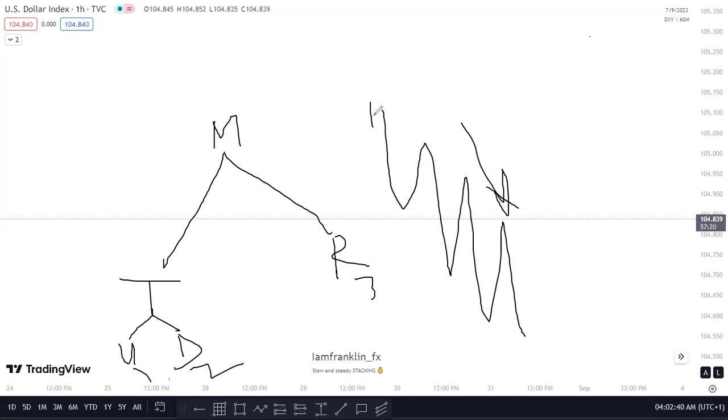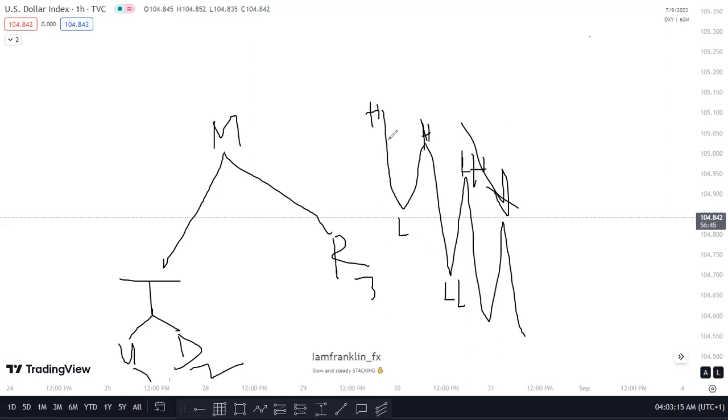We have a high, a low, a higher low, a lower low, and a lower high.